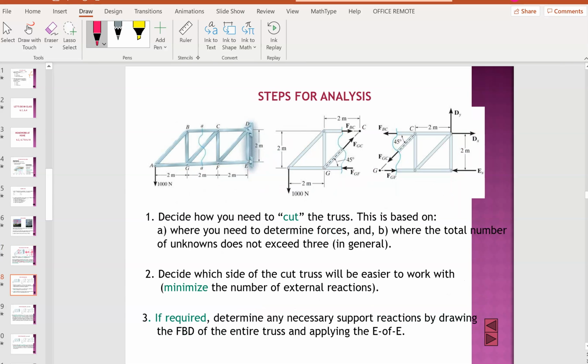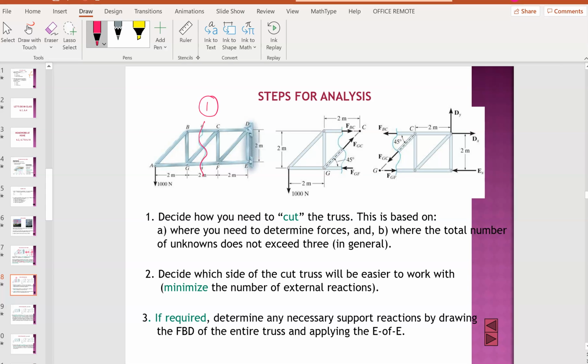Okay, the steps for analysis. First, you'll be given a question like this, and then they will tell you where to cut. Maybe they will draw the cut, or sometimes they will just tell you to analyze BC, GC or GF. So you decide where and how to cut, where you need to determine the forces and where the number of unknowns does not exceed 3.